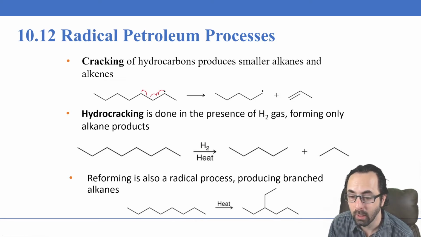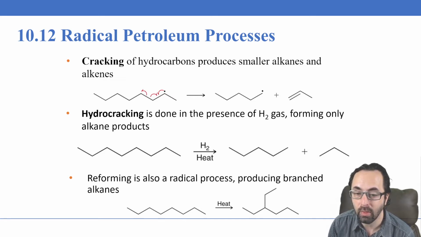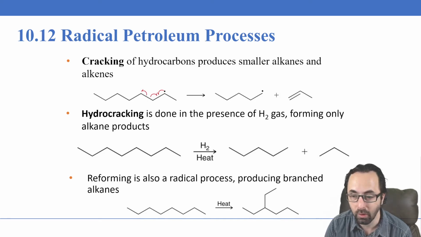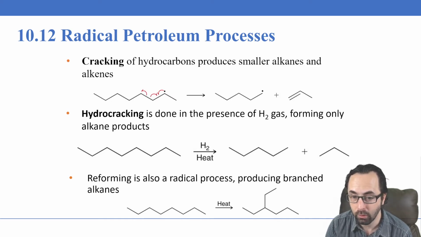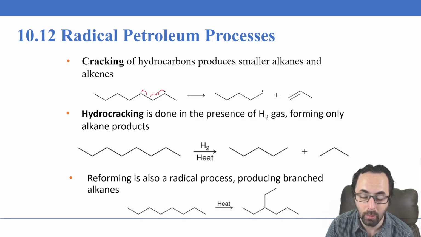Oftentimes when we get hydrocarbons, they're not all the size of hydrocarbon molecule that we prefer. We use a lot of hydrocarbon molecules that are in the 8 to 12 carbon range. They're used for gasoline and liquid fuels. The other ones are less used, but they're still significant. The smaller ones are still significant.